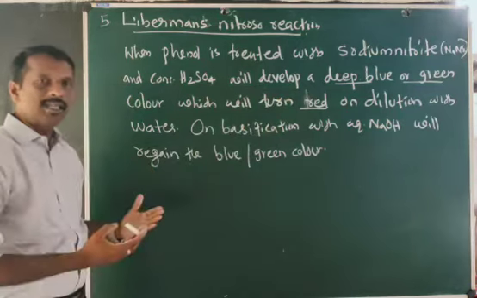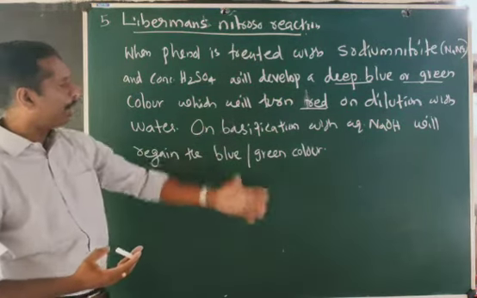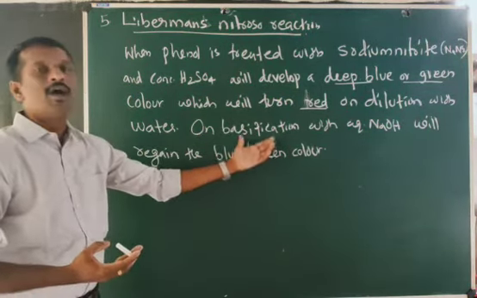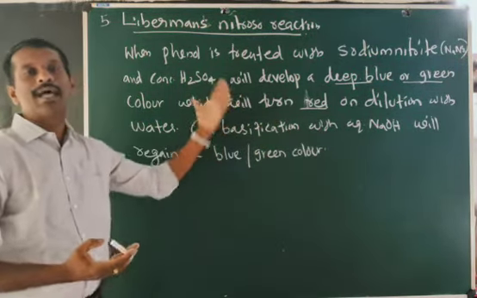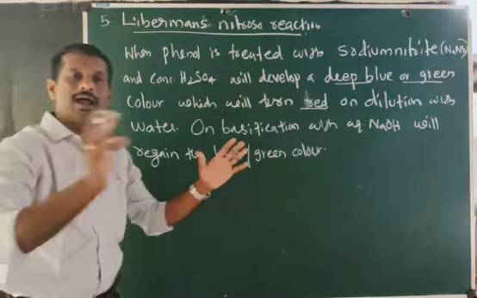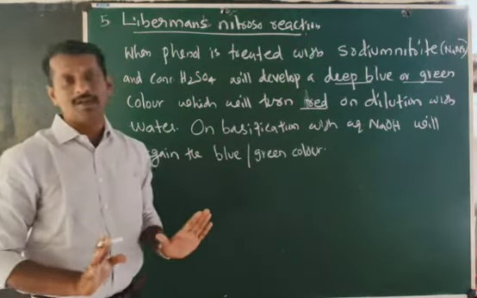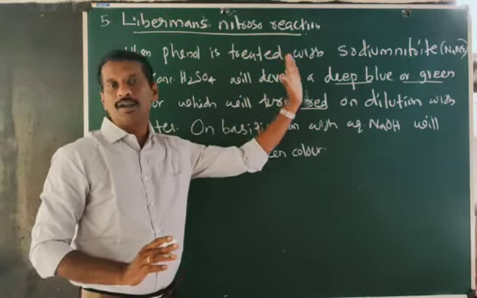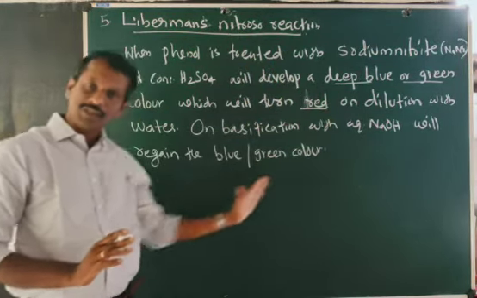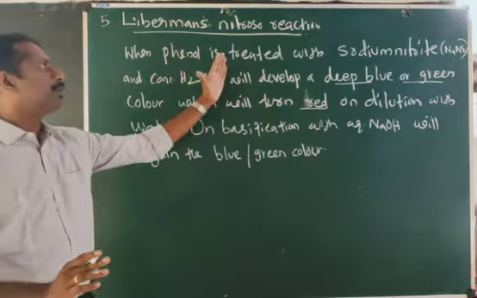That red coloration will go back to the original blue or green color on basification with NaOH. To that red colored solution, if we add NaOH solution, it will go back to the starting blue or green color. This is the color change happening in Liebermann's nitroso reaction.